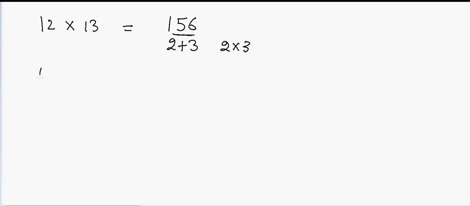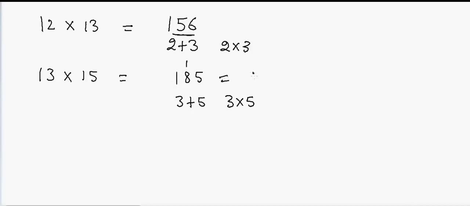Again, if I have 13 and want to multiply by, no sorry, by 15, then in that case it will be equal to 3 plus 5, that is 8. So we'll write an 8 here, and 3 into 5, which is 15. So I have 5, 1 and 1, so that will give me 195.